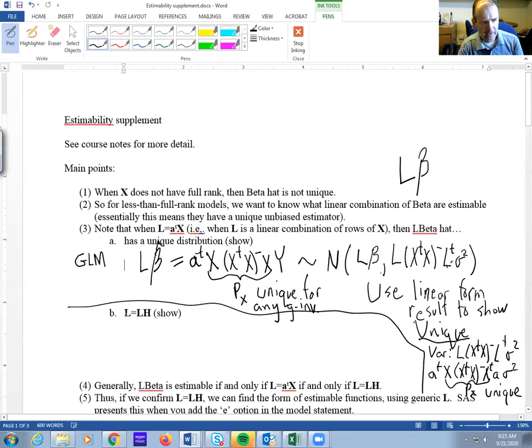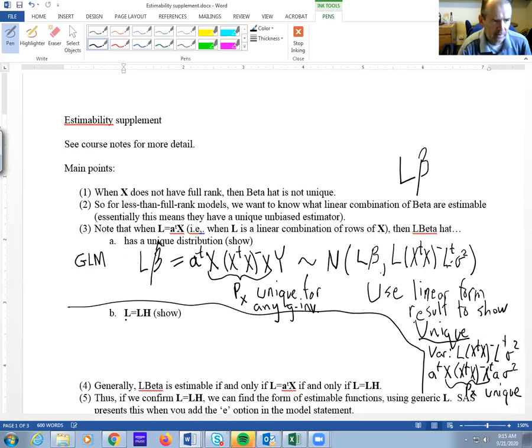And the other thing, this is important too: in this case, if L is equal to LH, that also will show you that the L beta that you're interested in is unique. So let's show this real quick. I know this stuff is more technical. This class is really a mixture of theoretical and applied, and now we're in the theoretical stuff.